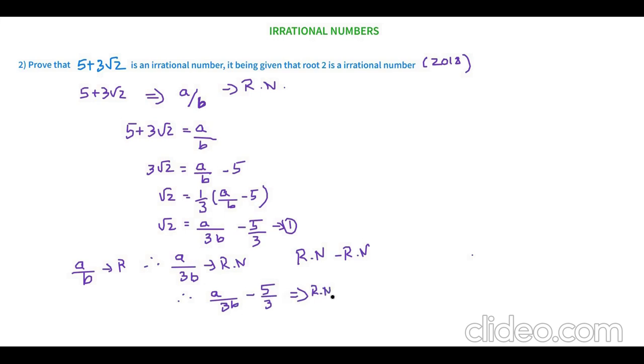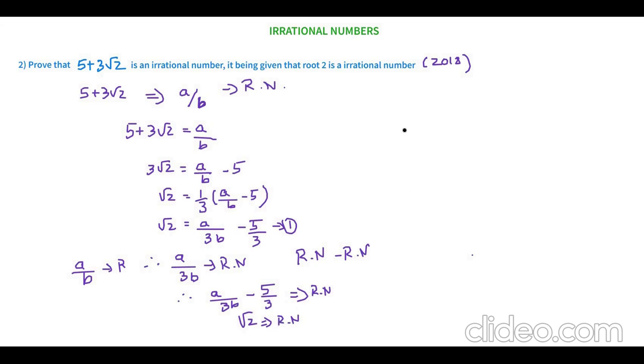So now we have got this as a rational number. But what is our question? We have to prove that it is an irrational number, and they have given that root 2 is an irrational number. So this shows root 2 is also a rational number. But we already know the contradiction, that root 2 is an irrational number.